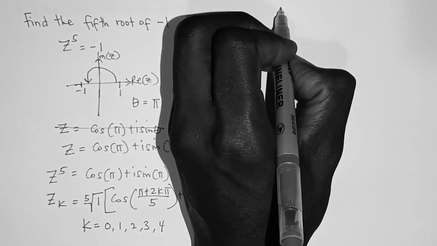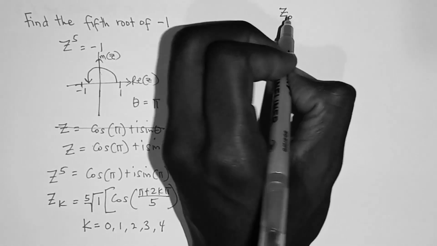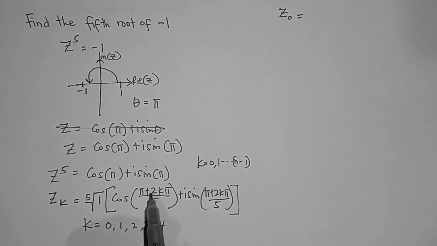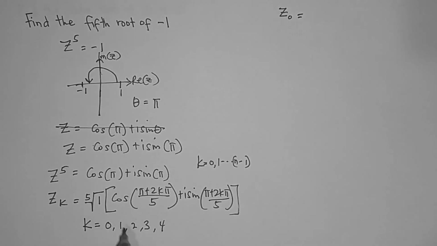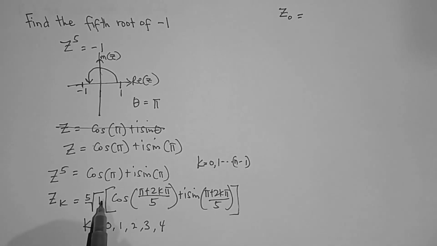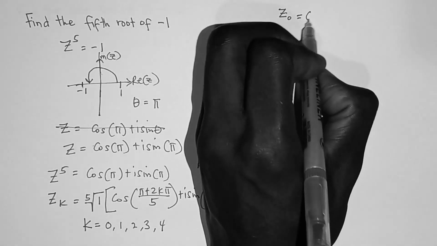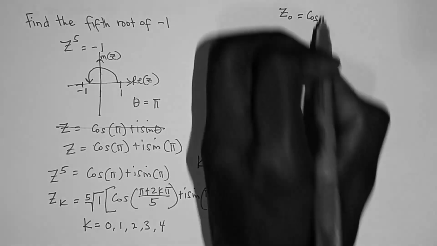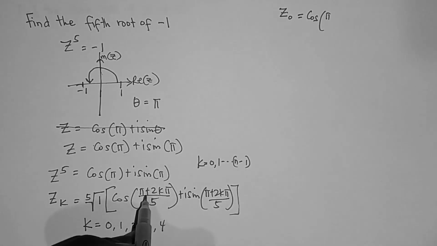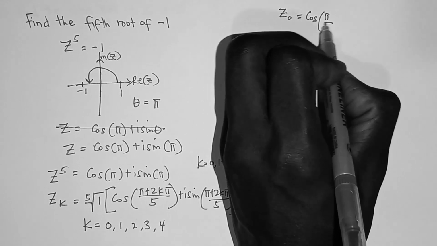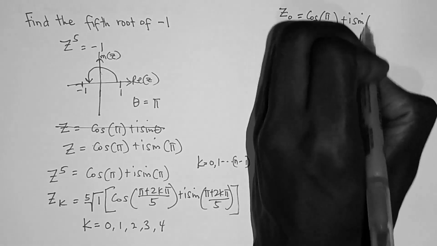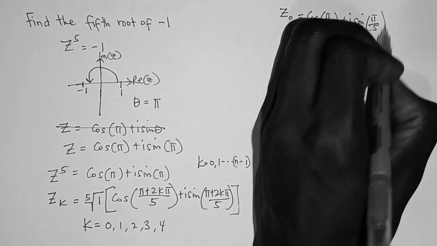So let's find z of 0. z of 0 means that wherever we see k in this equation, replace it with 0. So this is equal to the fifth root of 1, which is 1, and therefore this is equal to cos in brackets pi plus 2k pi. The 2k part will go to 0, so pi over 5 plus i sine pi over 5.